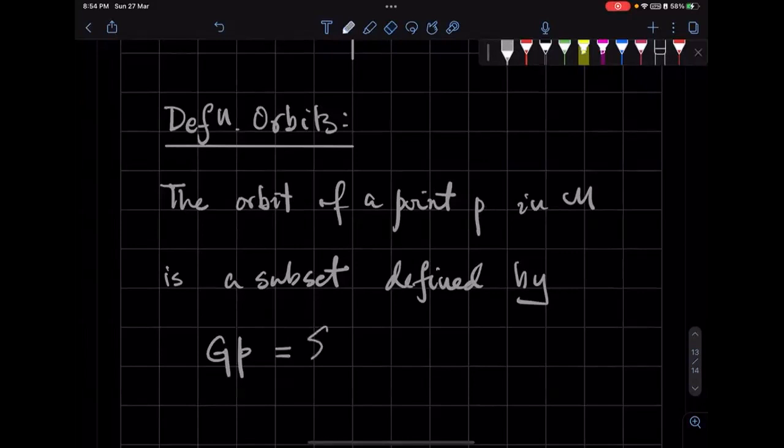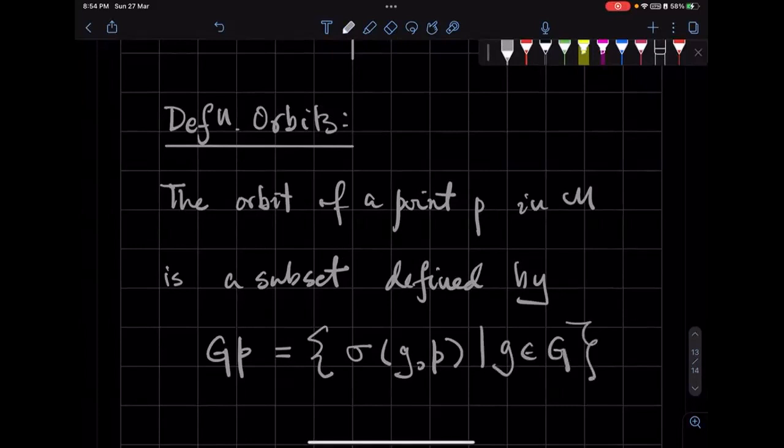It is the subset defined by the action of the group on that point for all G's in the group. Okay?